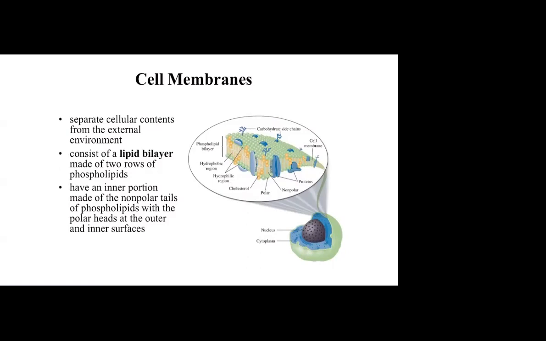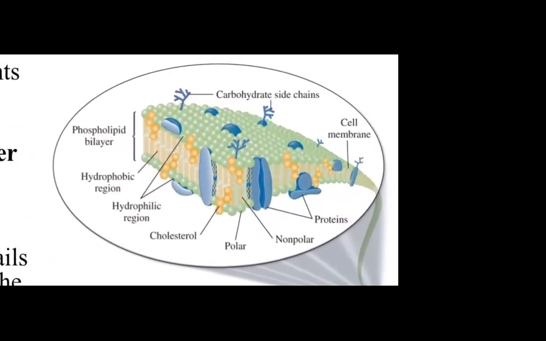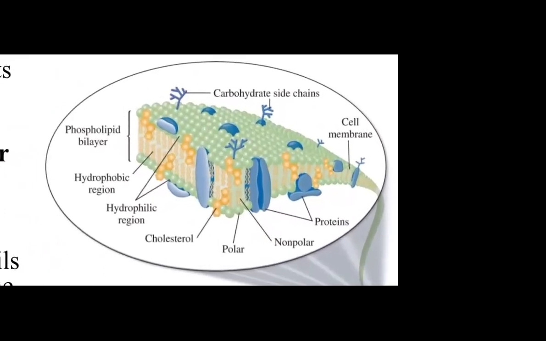But when we look closely at the cell membrane, let's observe all the different components that are present in the cell membrane. As you can see here, we do have a phospholipid. Now, this phospholipid is what we know as a phospholipid bilayer. Why is it called a bilayer?